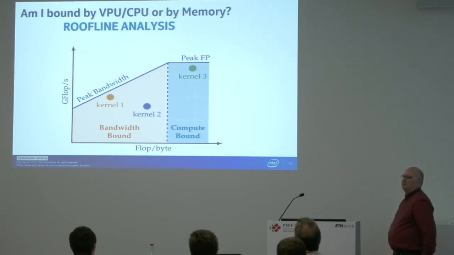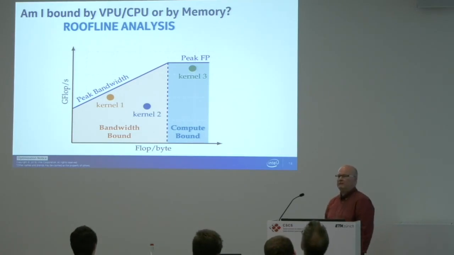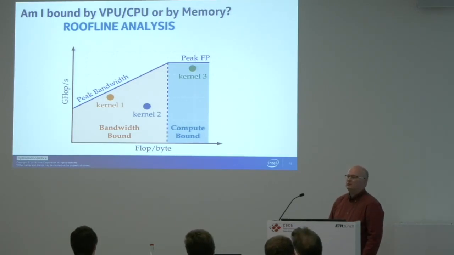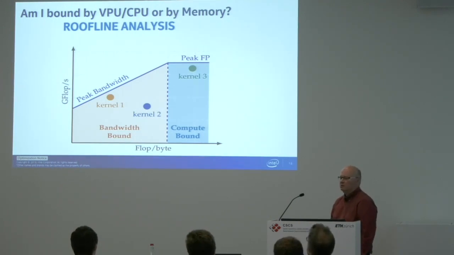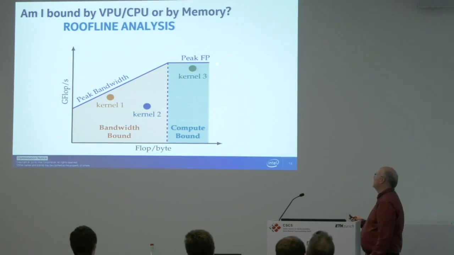Now let's come to the roofline analysis. So we have our loops, and we want to see how far we can go with the loops, and what's the potential in optimizing these loops. The roofline starts here on the right side by printing the peak floating point performance.